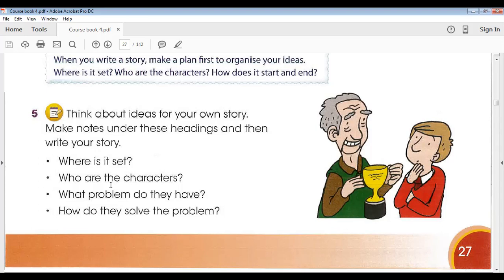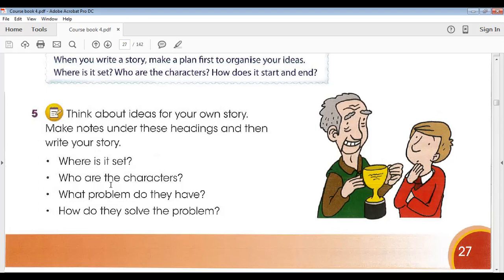Then who are the characters, the names of the characters that they want to mention, like they can mention their own name, or someone's name, like their friend or the participants in that match. And then what problems do they have, what type of problem they face during that match, and then how do they solve the problem and what was the result.